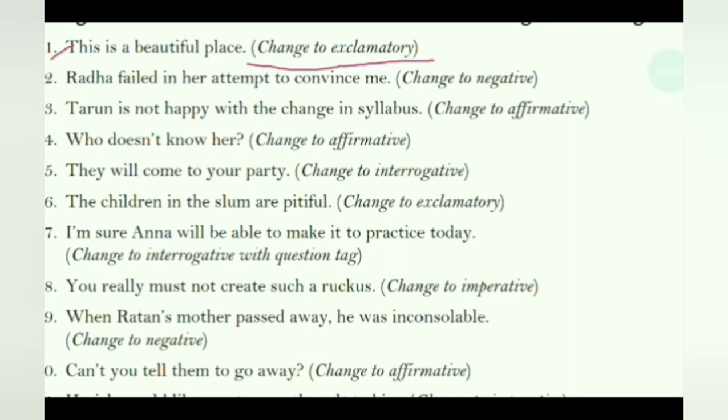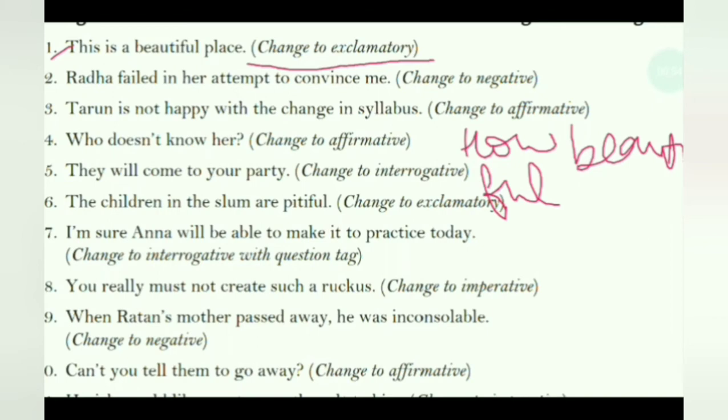As I already told you, an exclamatory sentence can be created by using how or what. How beautiful a place this is, or what a beautiful place this is. Alright? With the help of these two kinds, we can create an exclamatory sentence.